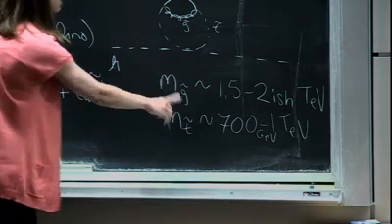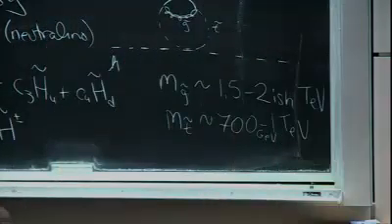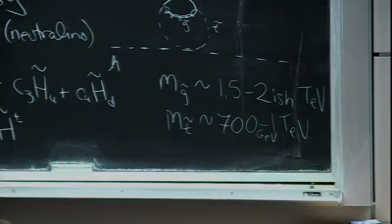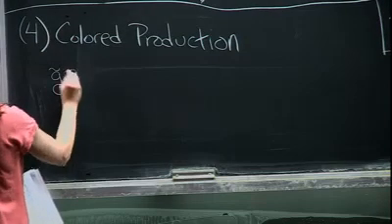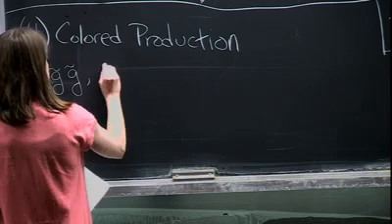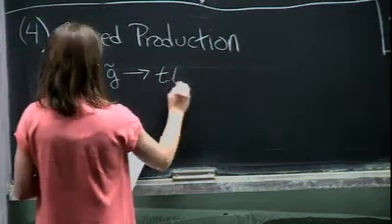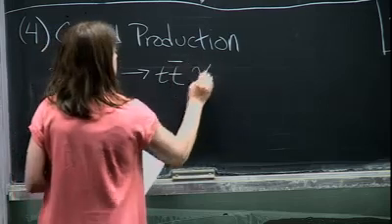So this is definitely in reach with both the current run at the LHC and the upcoming run. I only have a couple of minutes, so I'm only going to sketch out the results from one particular scenario, the case where we might produce two gluinos, pair production of gluinos, and then each gluino decays as follows.